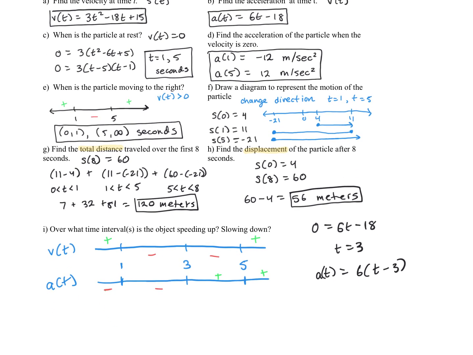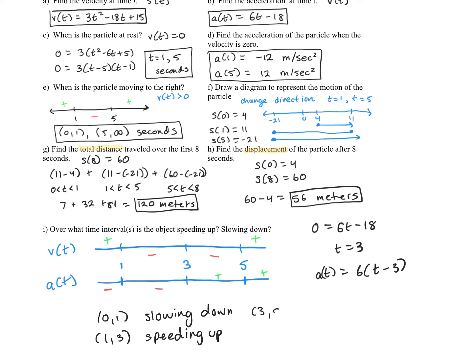So from here, we just need to compare the signs in the different intervals. So in this first interval from 0 to 1, the signs are opposite, so that means that our particle is slowing down. In the next interval from 1 to 3, the signs match, so that actually means that our particle is speeding up.